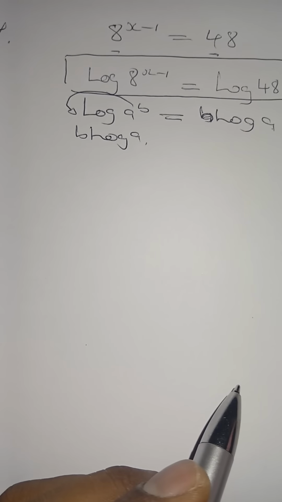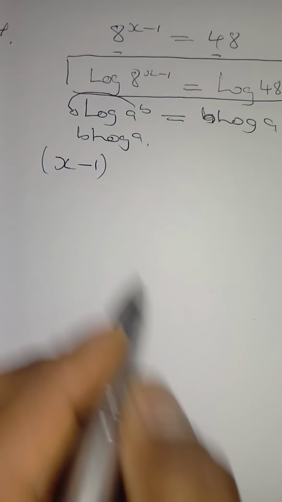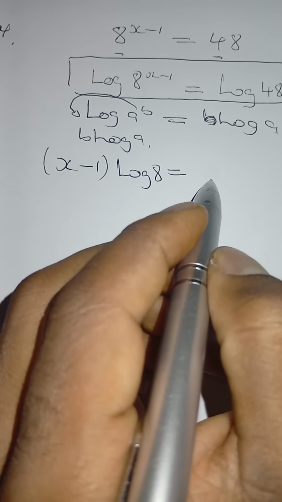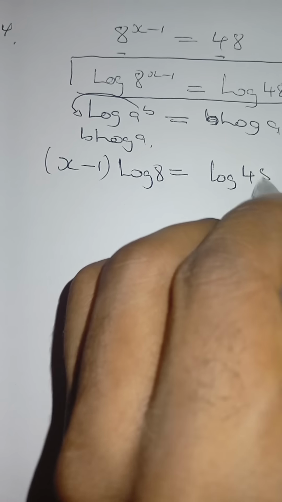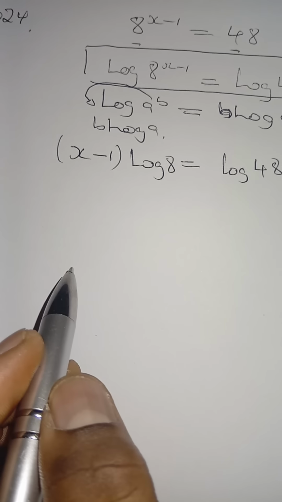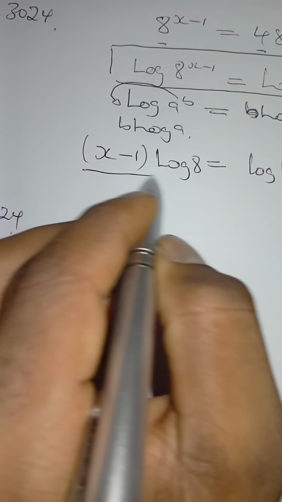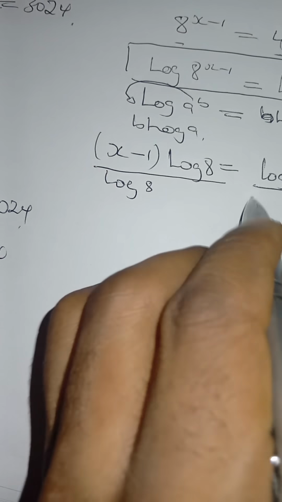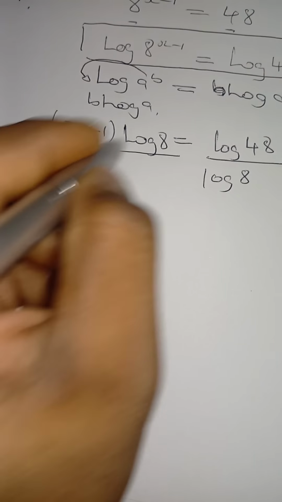So it means we are going to have (x minus 1) log 8 is equal to log 48. Both sides divided by log 8, so this cancels this.